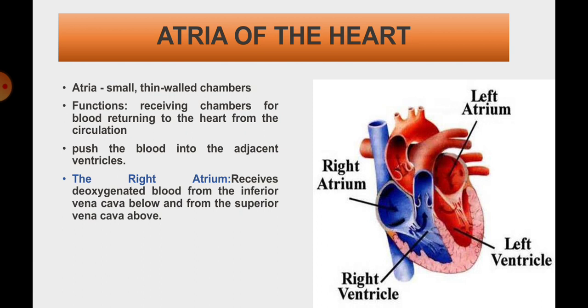The right atrium receives deoxygenated blood from the inferior vena cava below and from the superior vena cava above.